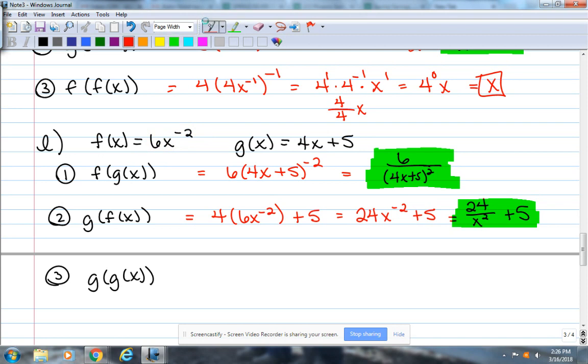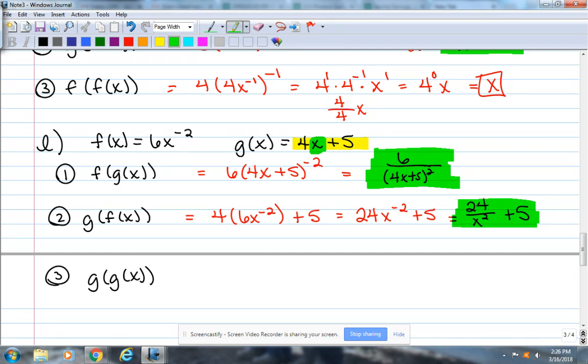And the last one is g of g of x. How do you think you do g of g of x? Yeah, you take all of g of x and then put it into its own x. Does that make sense?